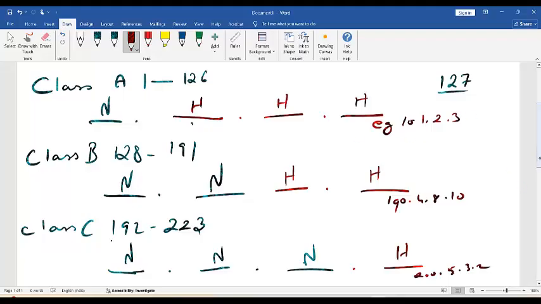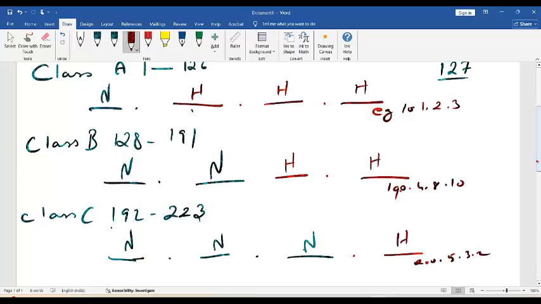Now, in these examples, what all do we learn, what information does it convey? When you see 10, you understand it is Class A. It also conveys another message. What is that? This 1.2.3 is the host ID, not the network. It indicates that inside the 10 network, there are many computers.